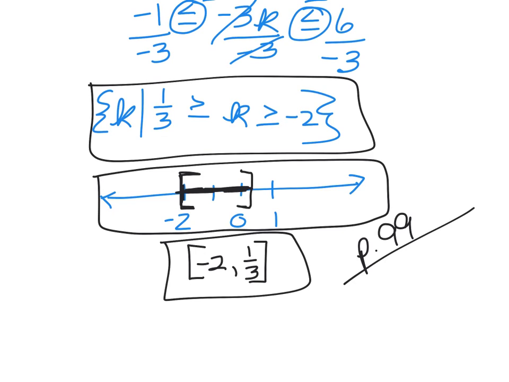Okay, so our assignment is going to be on page 99. Let's start on number 11 and go to number 38. On that section of problems, I'd like you to do every third problem. So that means 11 plus 3, 14, plus 3, 17, plus 3, 20, and keep doing that until you get to 38.